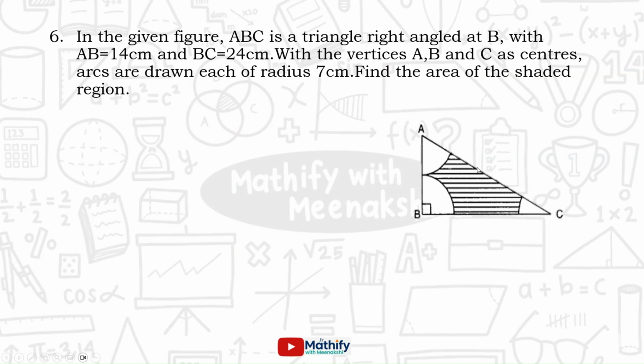In this question, it's given that ABC is a right angle triangle, right angled at B, and AB is 14 centimeter and BC is 24 centimeter. And all the sectors have radius 7 centimeter.